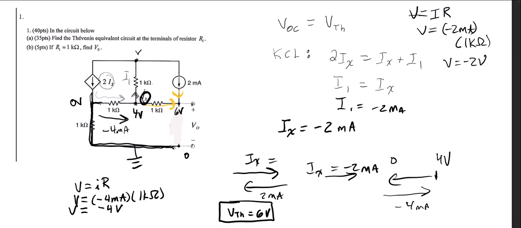Nope, nothing there. Okay, so here is how we find the Thevenin resistance when we have a dependent source.